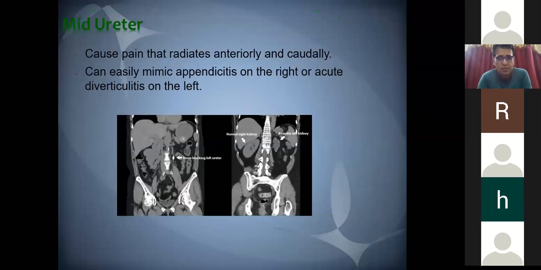Okay, if there is a mid-ureteric stone, then the same severe pain will be there, which will be radiating down up to the inguinal area or the iliac area, and it usually mimics appendicitis on the right side, and on the left side it mimics diverticulitis.